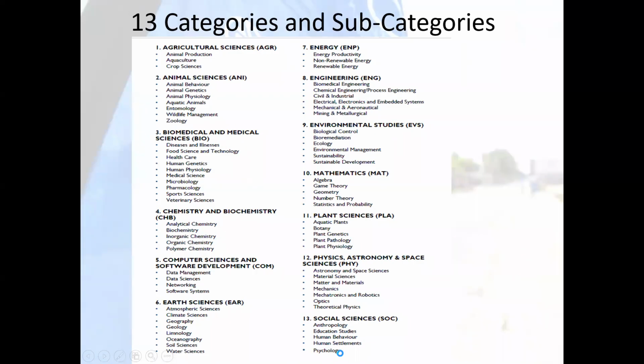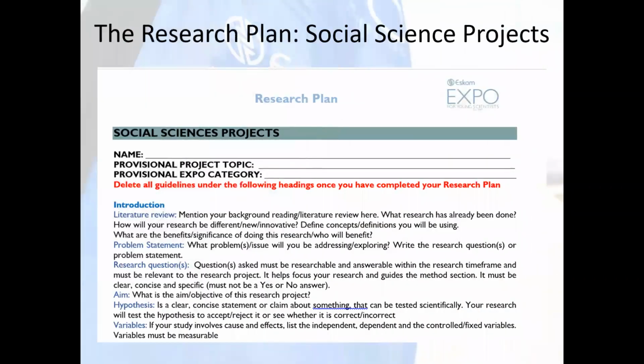There's human settlements and there's psychology. But the social science type of project can be done in any category, okay? So as a type of project, it can be done in any of the 13 categories, or it can apply to just the social science category. It's just to give you an understanding of where social science fits in.